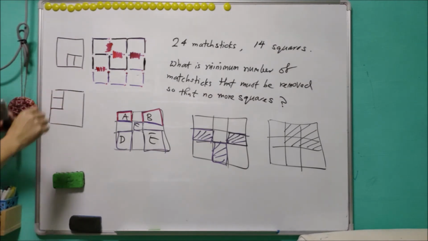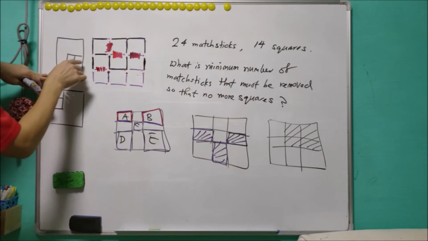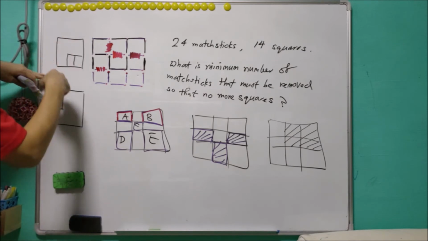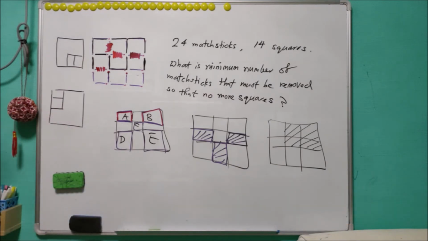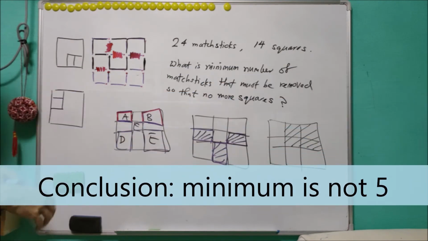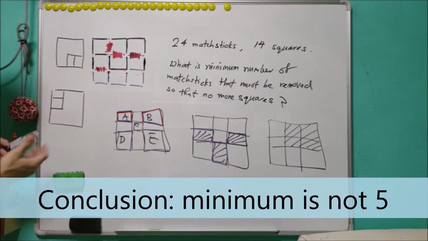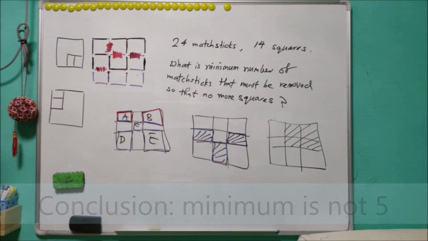We have to remove only one matchstick to destroy these 3 squares. That has already been covered, it is not possible. So what we have shown is that by removing 5 matchsticks, there will always be some square remaining. So the answer cannot be 5.